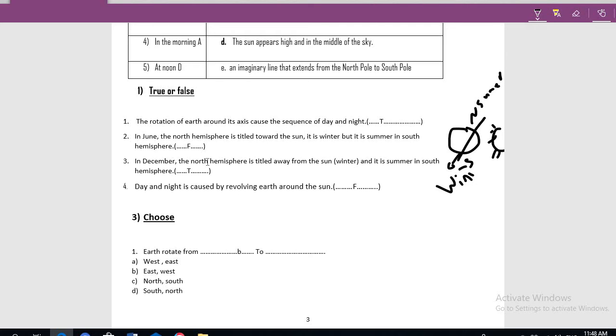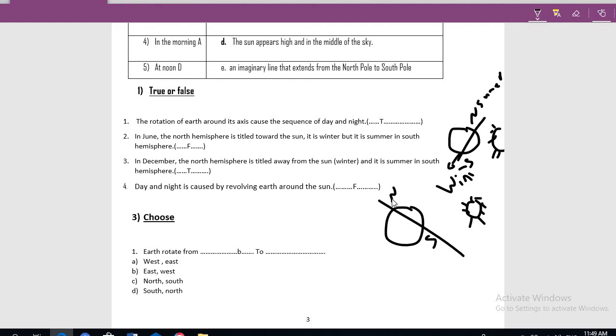In December, the Northern Hemisphere, this is North, is tilted away from the sun, while the South is near to the sun.